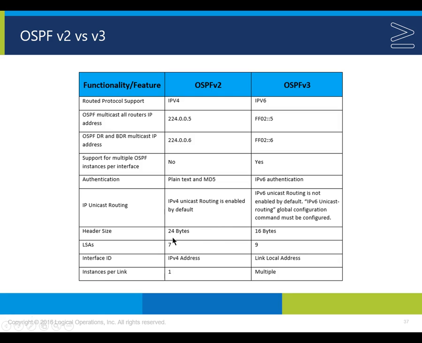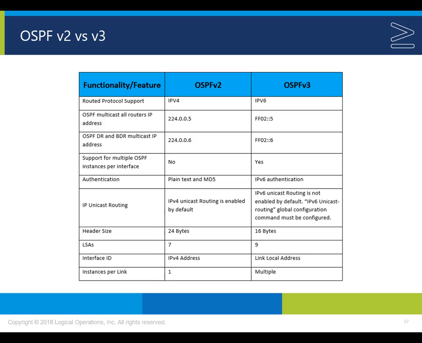Unicast routing is enabled by default. IPv6 unicast routing is not enabled by default on Cisco routers. You have to give the IPv6 unicast-routing command in the config in order to activate IPv6 routing. Header sizes are 24 bytes and 16 bytes.